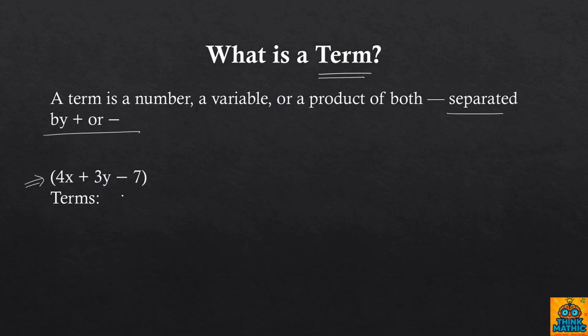Yes, you are right. We have 3 terms inside this. But what are those 3 terms? The first term is 4x, the second one is 3y, and the next is 7. Since all of them are separated by an operator sign, that is plus and minus, here we have three terms.